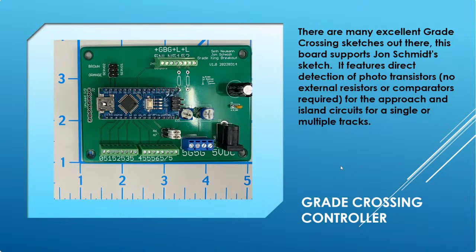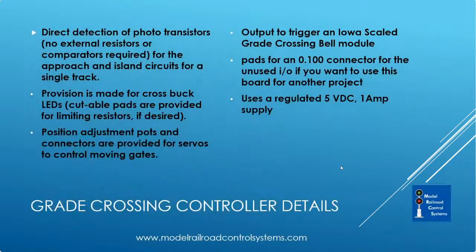You just take the photo transistor, which is on the order of 50 cents to $1, and you read that directly from the Arduino, since we've got all the hardware here. And you can mix and match and extend this to as many tracks as you want. It can communicate with your yard throat, all kinds of good stuff. Let's see here.